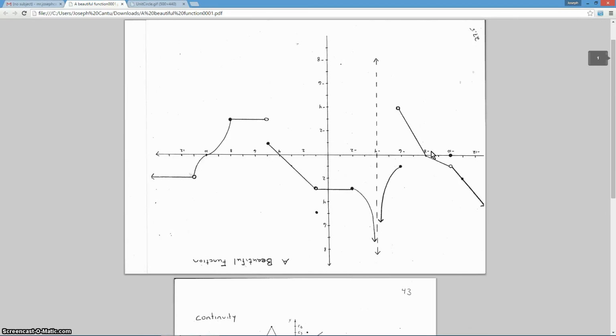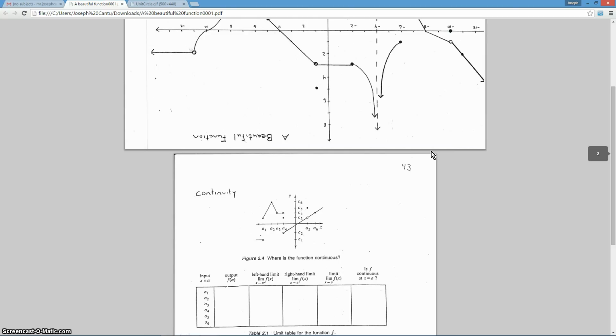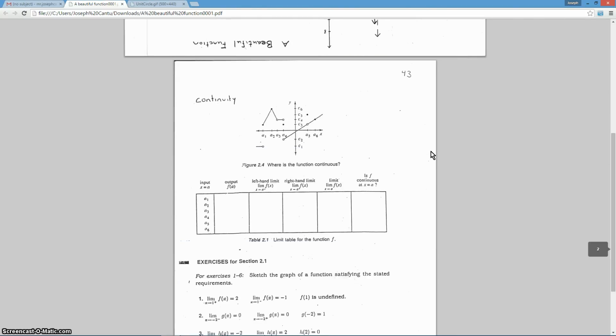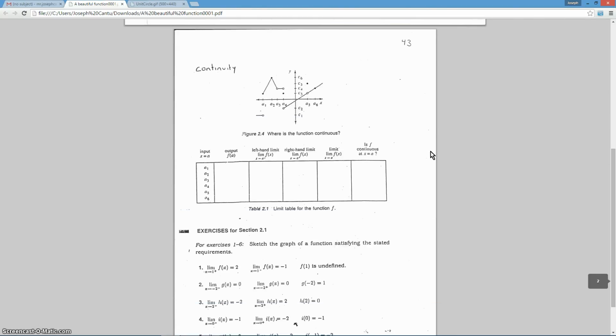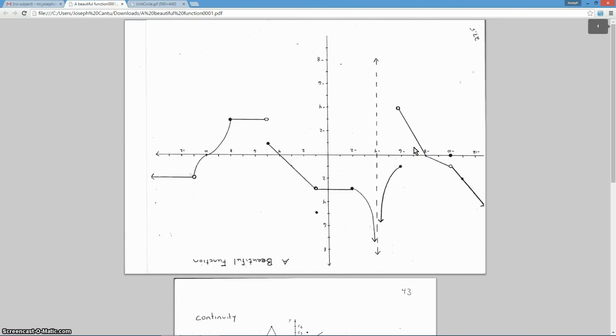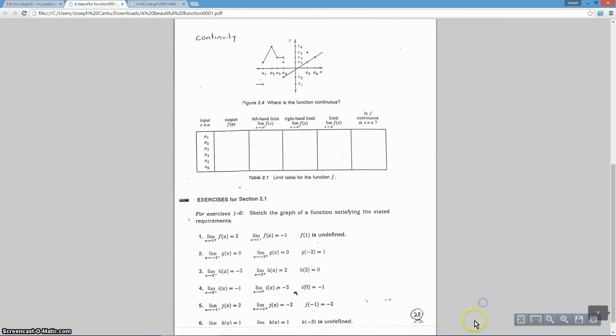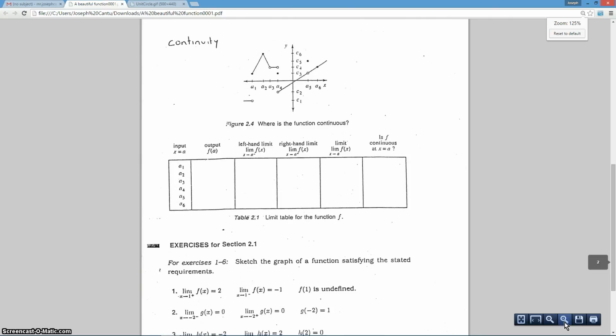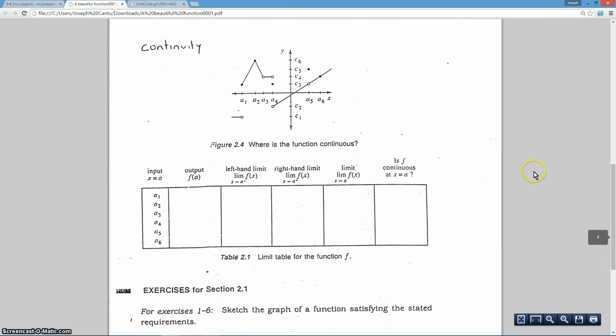So let's take a look at it right here. Actually, you know what? We're going to go ahead and do this page, because we already did A Beautiful Function. So we're going to do this page right here. I didn't realize I had it in here. I forgot it was 2 documents.